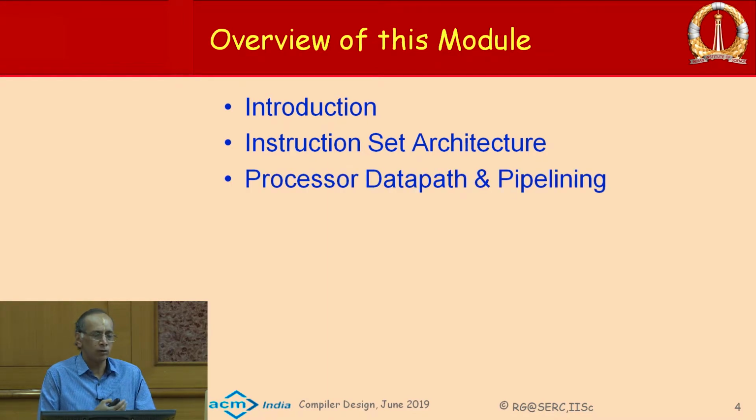Then subsequently we will very briefly talk about processor data path and pipelining, because I want to introduce the notion of hazards in a pipeline and how the compiler can help to overcome or reduce the impacts of these hazards. So we will talk about that briefly so that that concept is also understood. Okay.